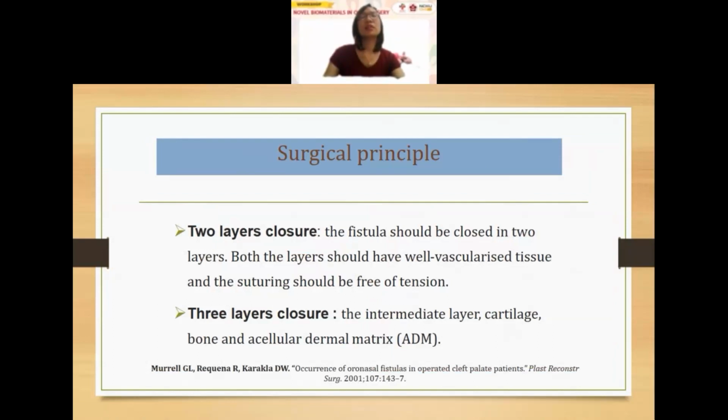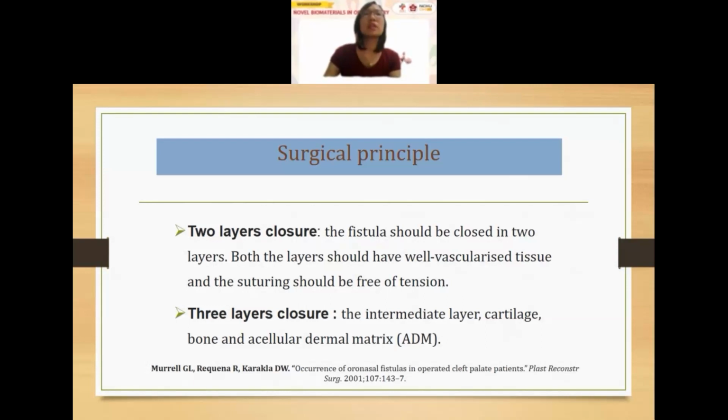So whatever your method, you should remember the surgical principles. We have to close with two layers. With two layer closure, the fistula should be closed in two layers.